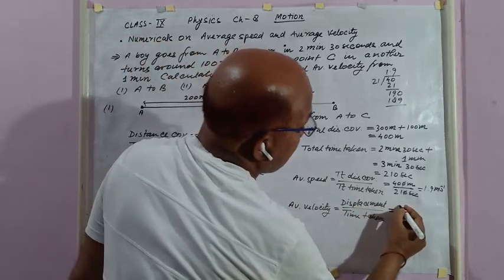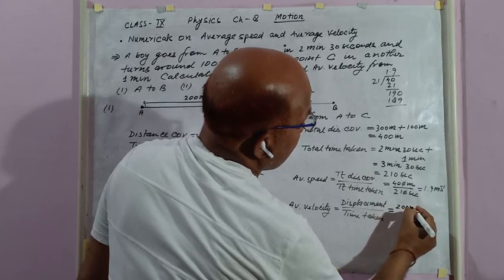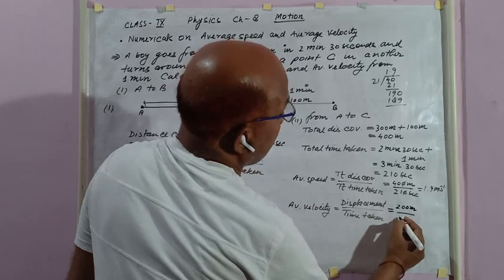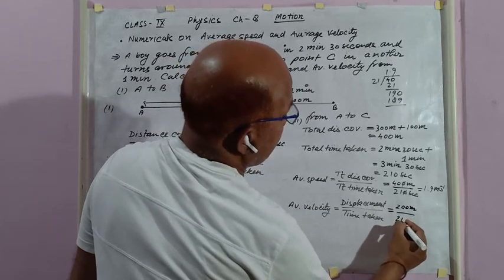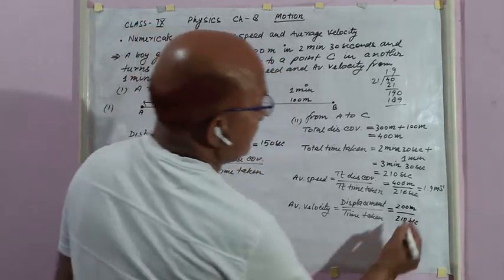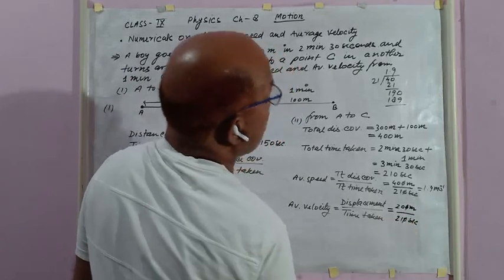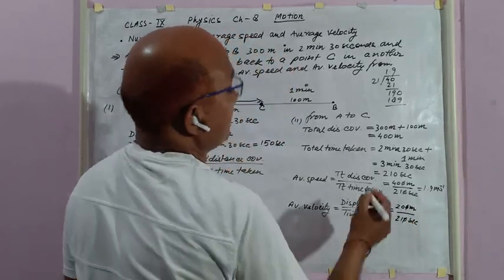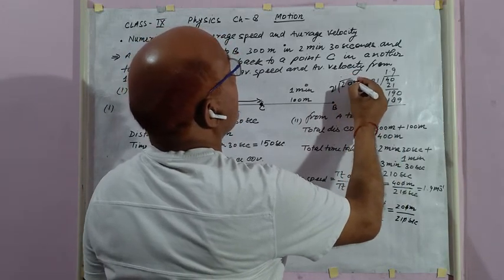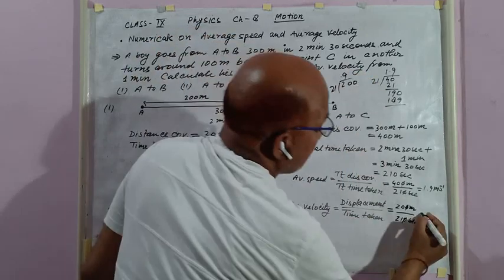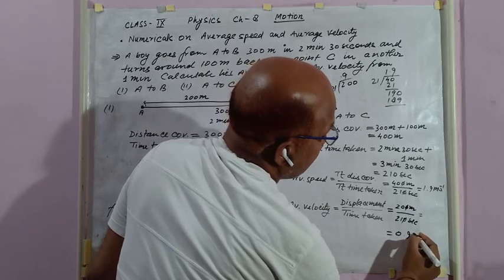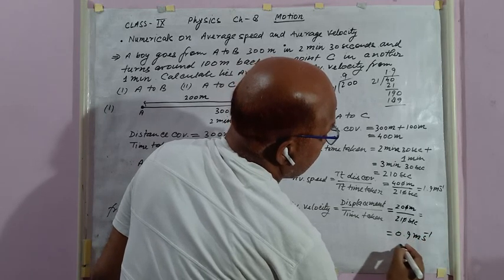So displacement is 200 meter upon time taken, which is again 210 seconds. This is time taken. So this is 20 by 21, approximately 0.9 meter per second.